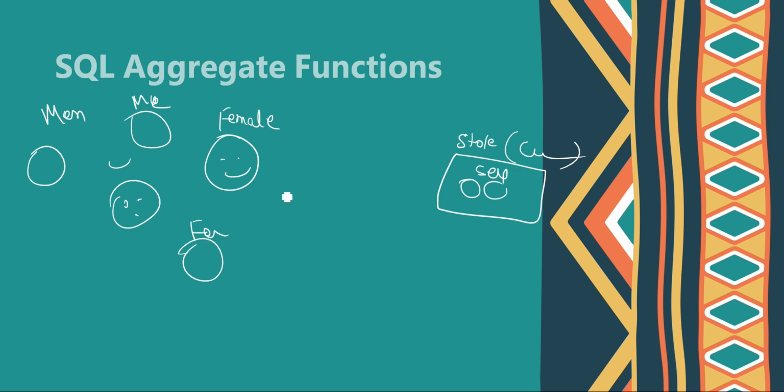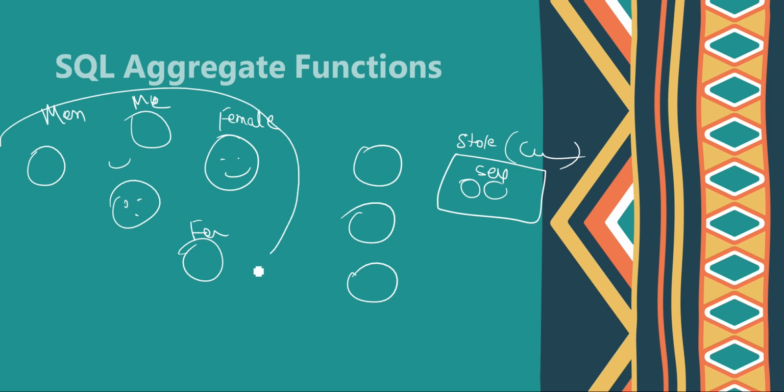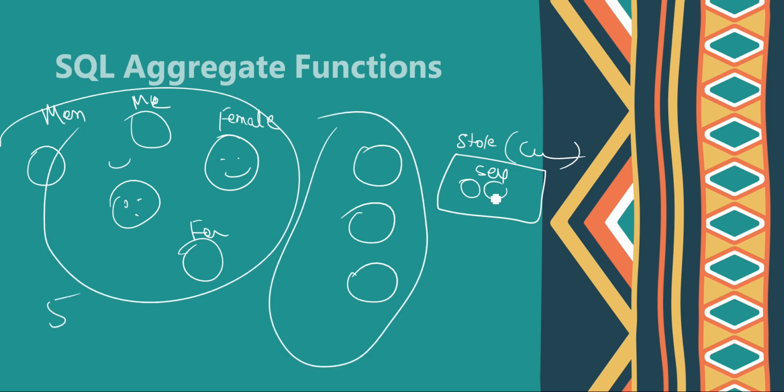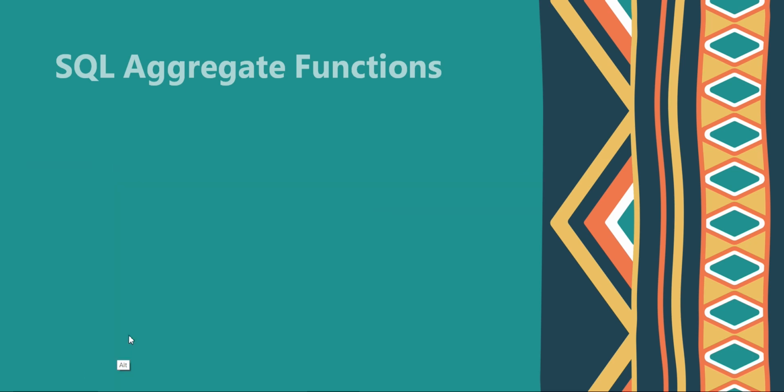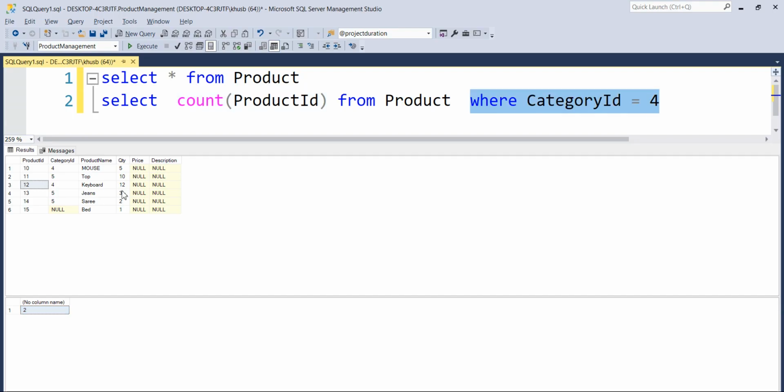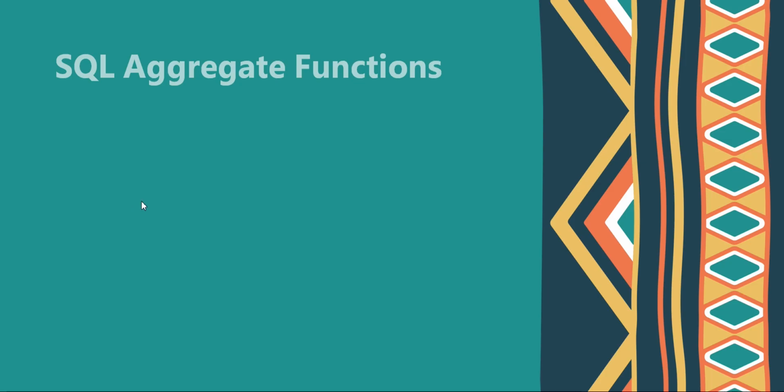So the first condition I have applied is that the person should be female. So this female will come here, this female will come here, this female will come. So here we have a total of 5, but here we have only 3, right? So I need only 3 chow mein in total. In the same way, this where condition is going to apply first, whatever the value of this category ID 4 is, and now this count is going to apply. I hope you understand that.